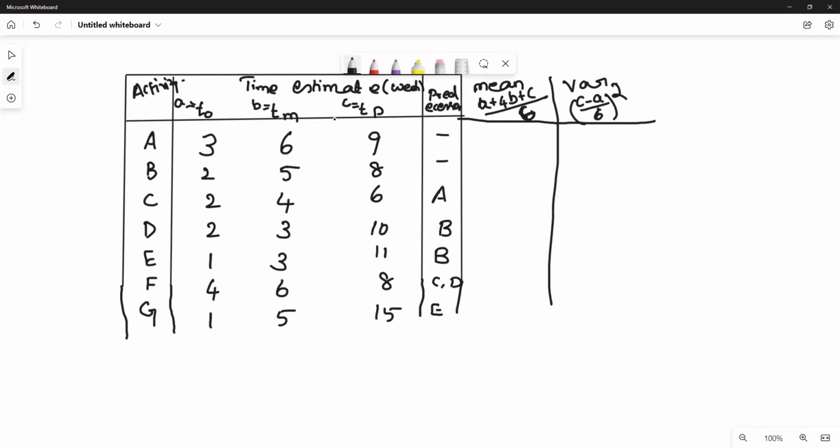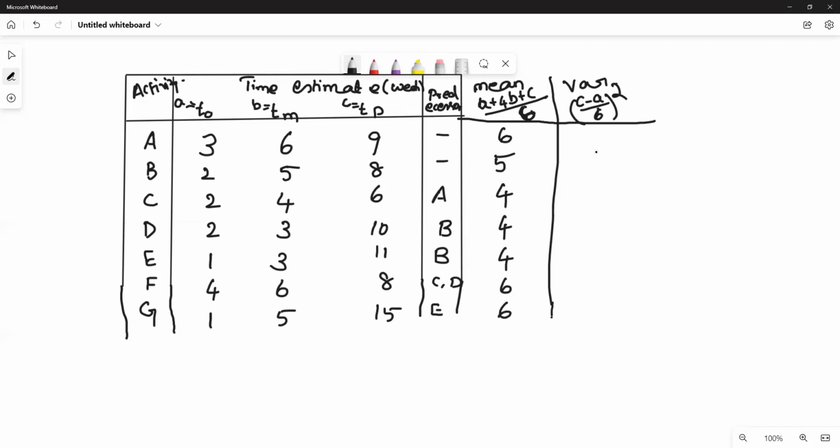That is mean. 6 fours are 24 plus 9 plus 3 by 6, means 36 by 6, that is 6. 5 fours are 20, 28, 30 by 6, 5. 4 fours are 16, 24 by 6, 4. 4 threes are 12 plus 10 plus 2 by 6, that is 4. 4 threes are 12 plus 11 plus 1 by 6, that is again 4. 6 fours are 24 plus 8 plus 4, 36 by 6, that is 6. 5 fours are 20, 35, 36 by 6, that is 6.